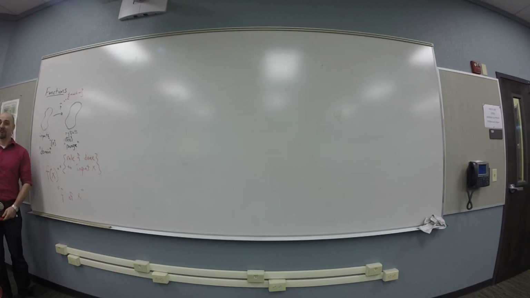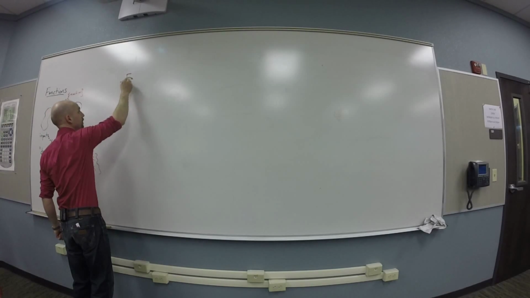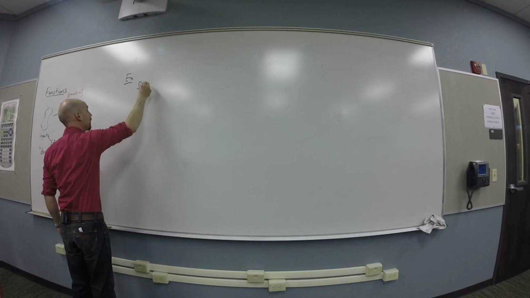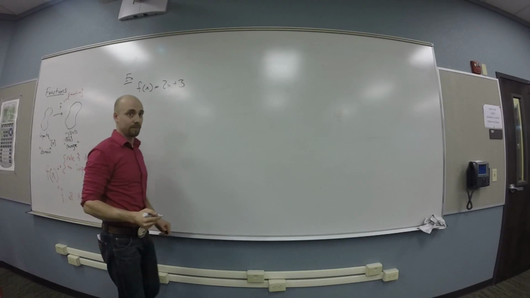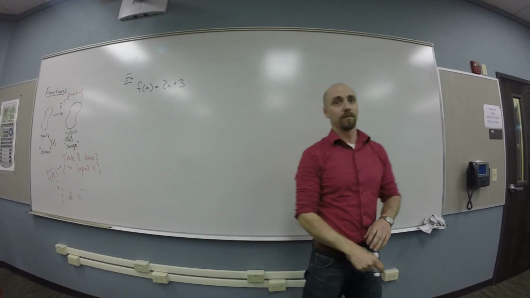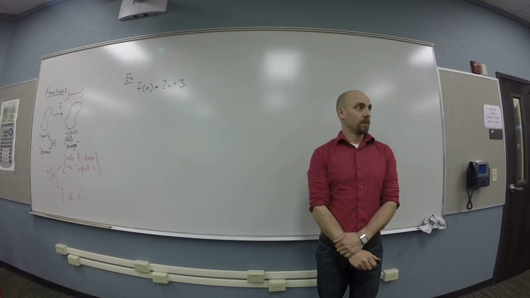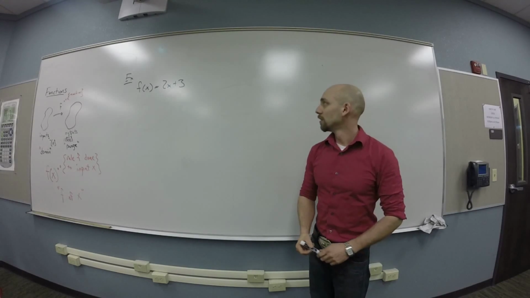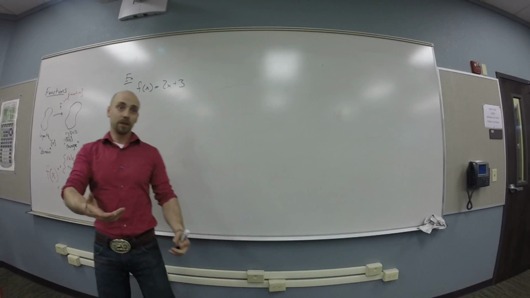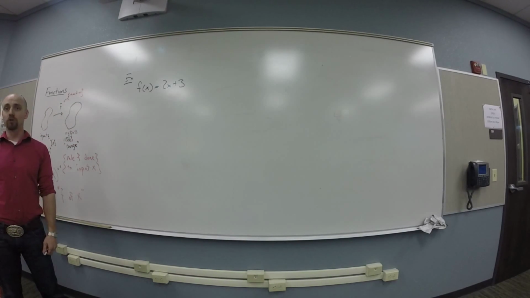Do you want an example? Okay, so here's an example of a function. f of x is 2x plus 3. So what do I mean by this? 2x plus 3 is the function's rule, right?